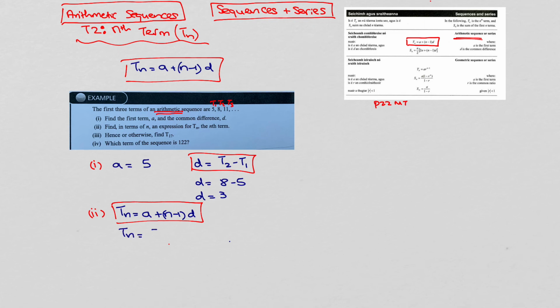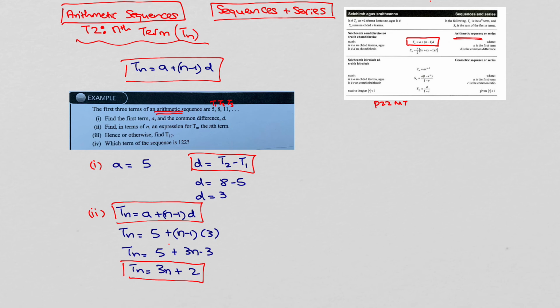And we say if a is 5 and d is 3, then the nth term is represented by 3n plus 2. So now I have the general term for this arithmetic sequence.